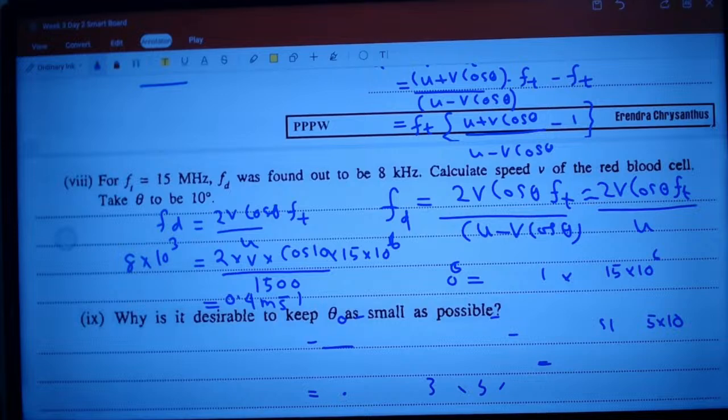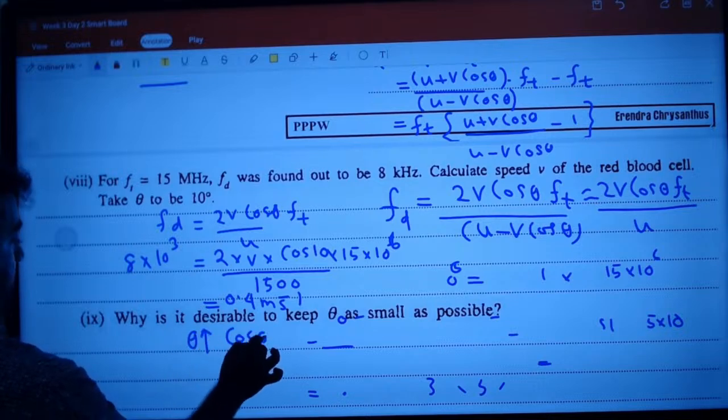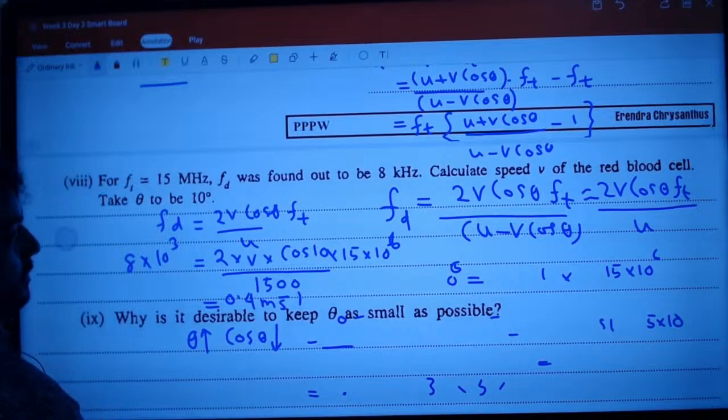Why is it desirable to keep theta as small as possible? What happens is, if theta becomes large, cos theta will become small.